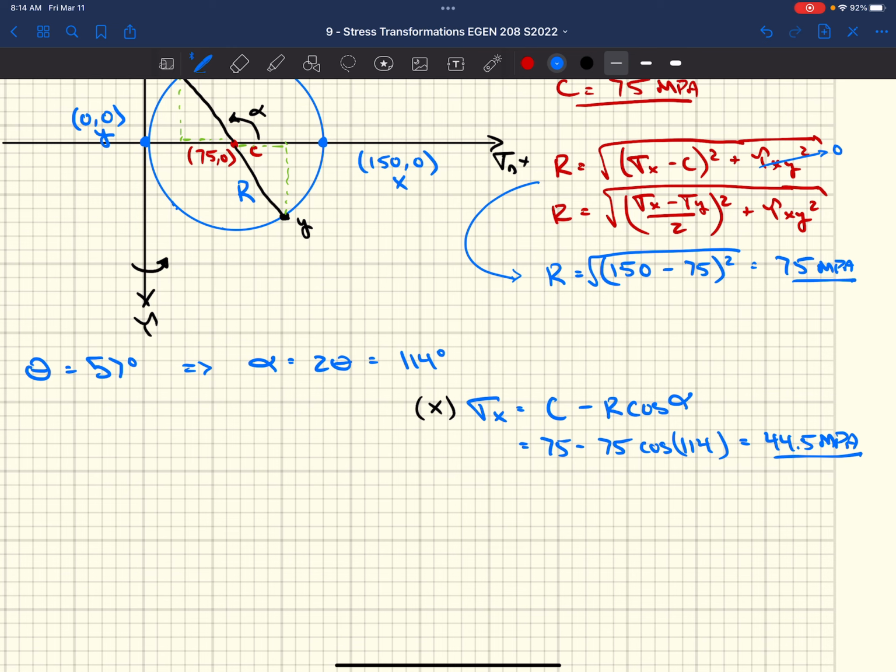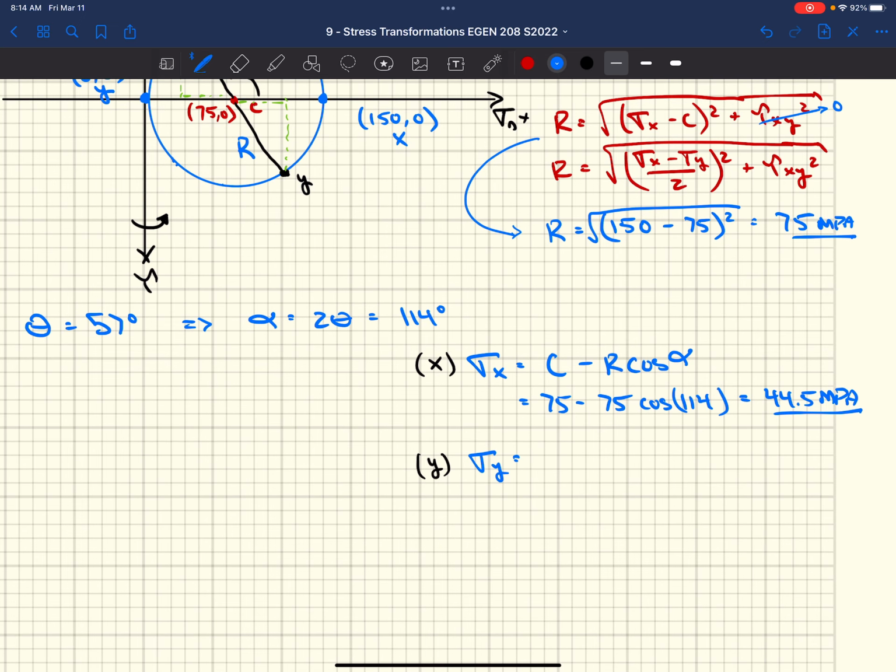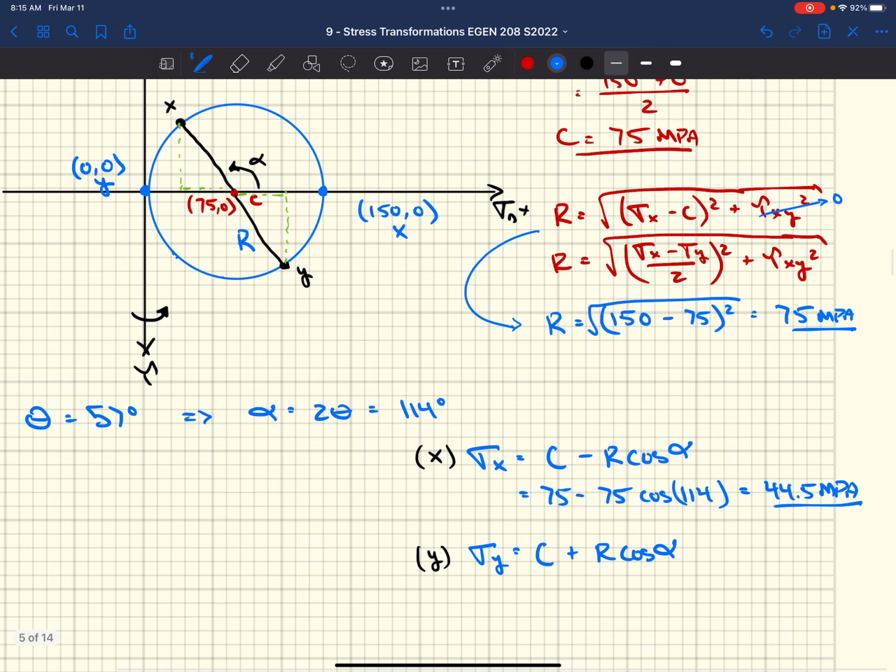Now, if we look at sigma y, this is our y face. We have c plus the radius times the cosine of alpha. We have the center point, and we want the x coordinate of this point here.